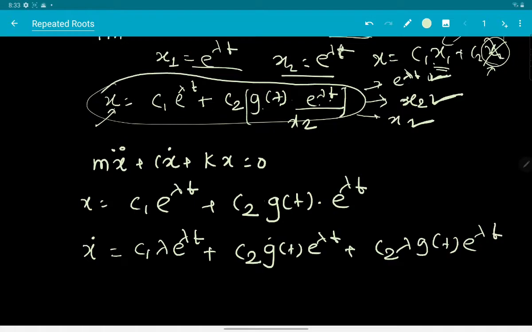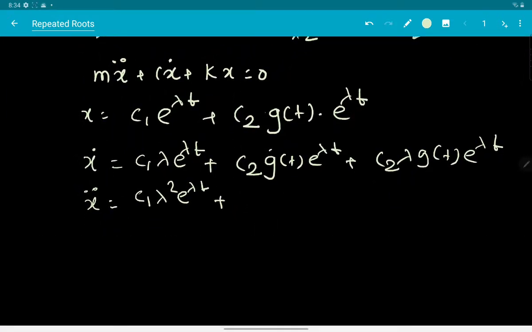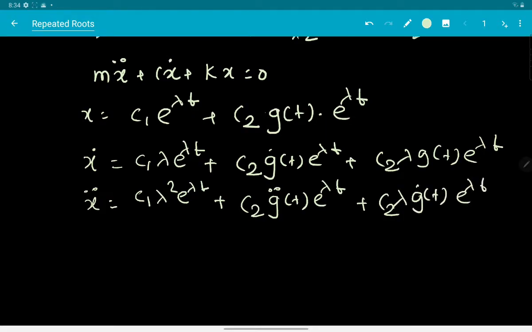This is x dot. Okay, if this is x dot, then what will be x double dot? X double dot will be equal to C1 lambda square e raised to lambda t plus C2 g double dot of t e raised to lambda t plus C2 lambda g dot of t e raised to lambda t.